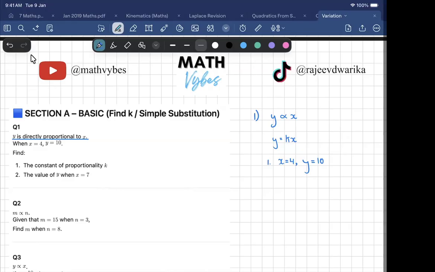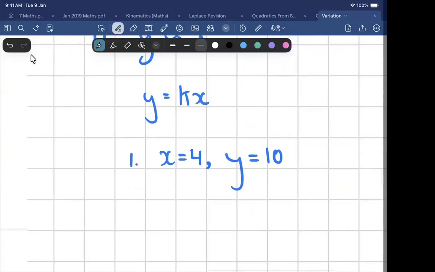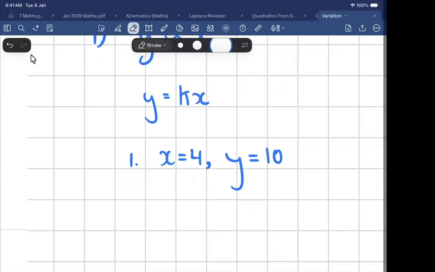You could do this. Everything is right here that I need. So Ria, we need to solve for what? What do we need to solve for in part one?